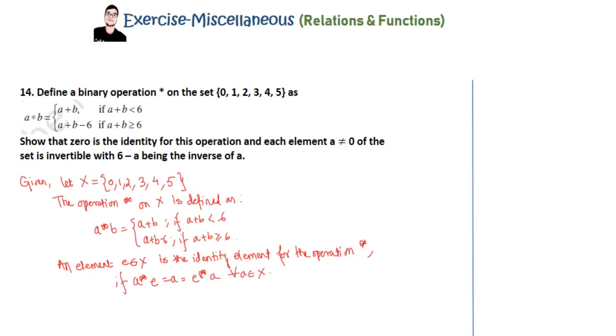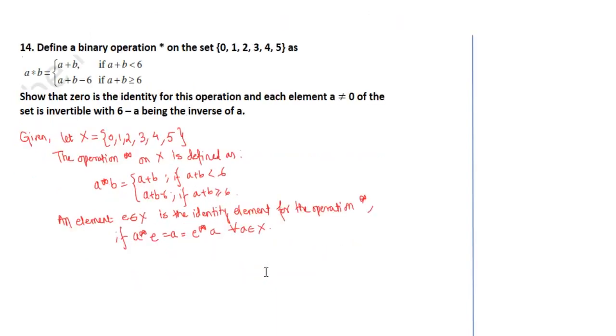For an element to be an identity, it must be functional with the operation and it must result in the element that is being operated, other than the identity. If we consider e to be identity, then a star e must return us a, and that should be equal to e star a for all a belongs to the domain where the operation is defined.